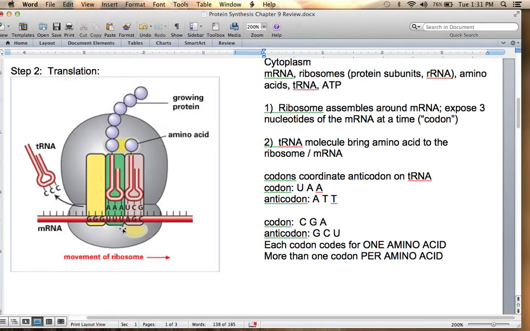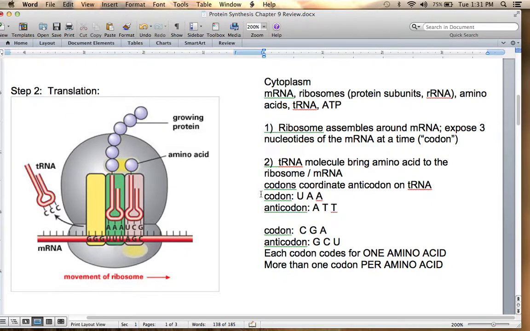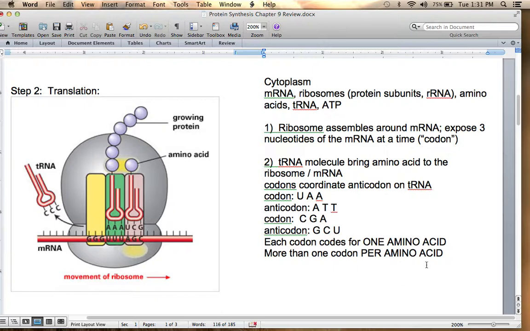So each codon is specific to an amino acid, but there could be more than one codon per amino acid. That's actually very important because it helps protect against mutations causing problems with protein synthesis, which we'll talk about in just a minute. So that would be the second step in translation.